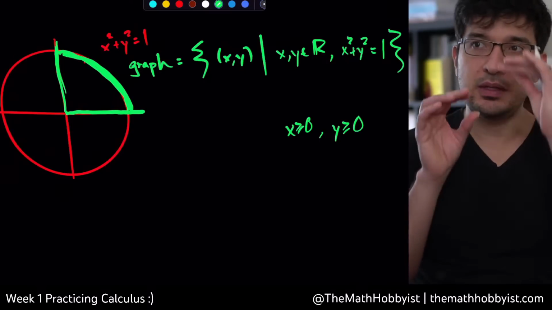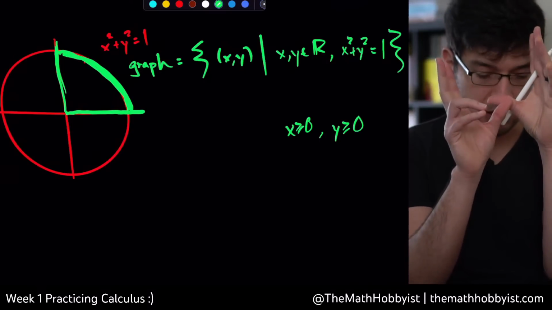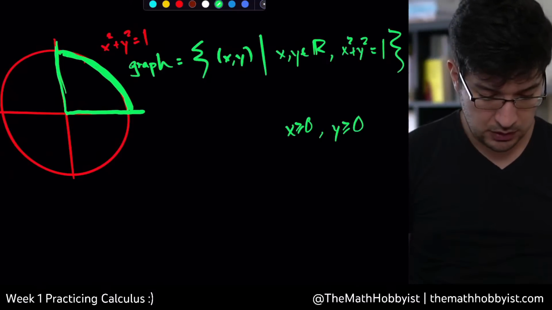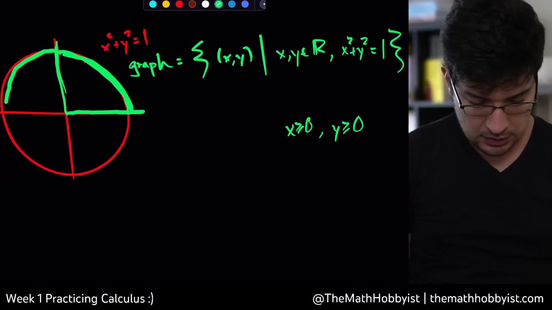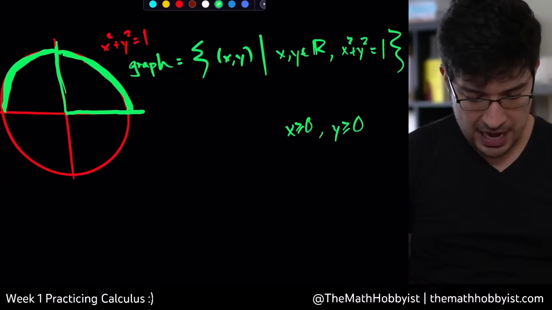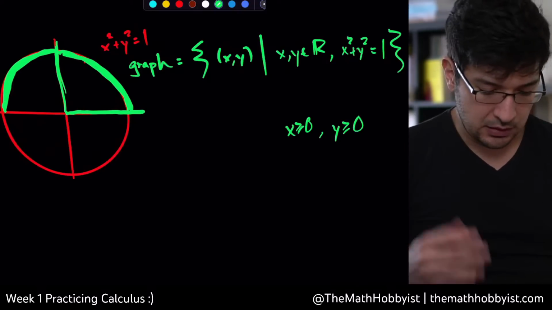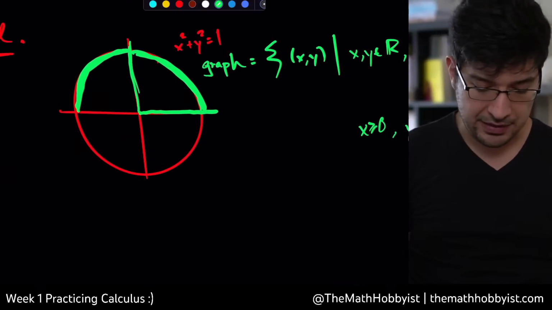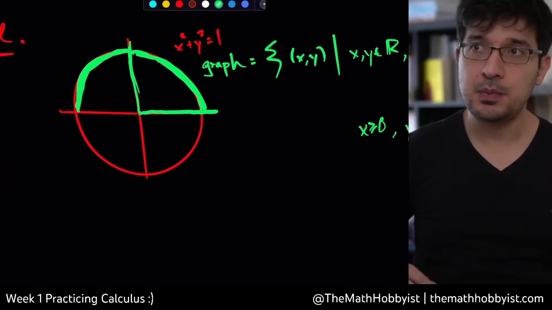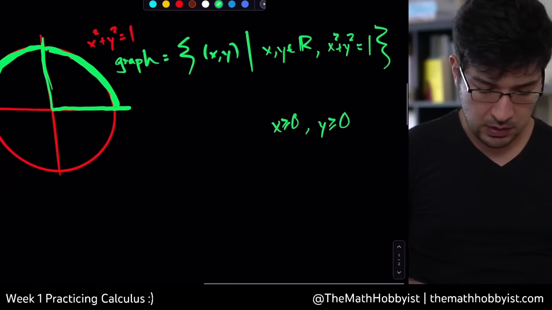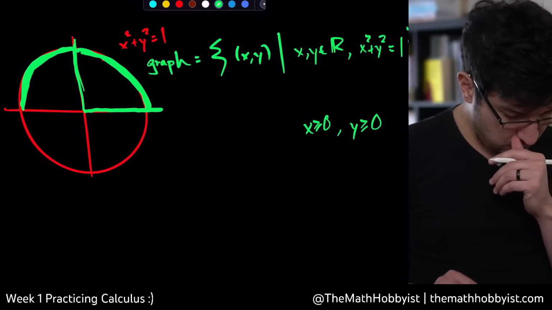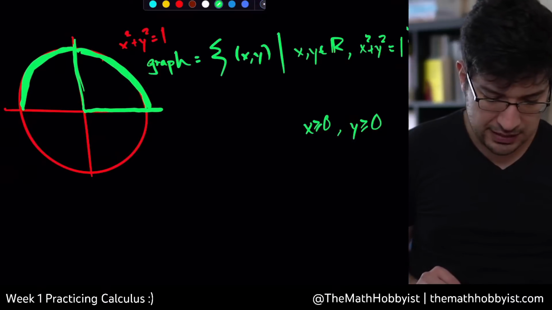Like if you take only that piece of the circle. You could also take the top half, and that would also be a function, because there's one y value for every x value. And so what I want to get at here. Yeah, if you take the top half.